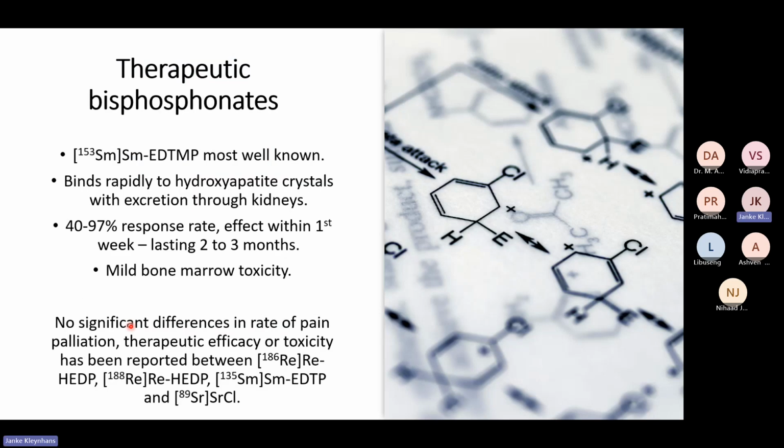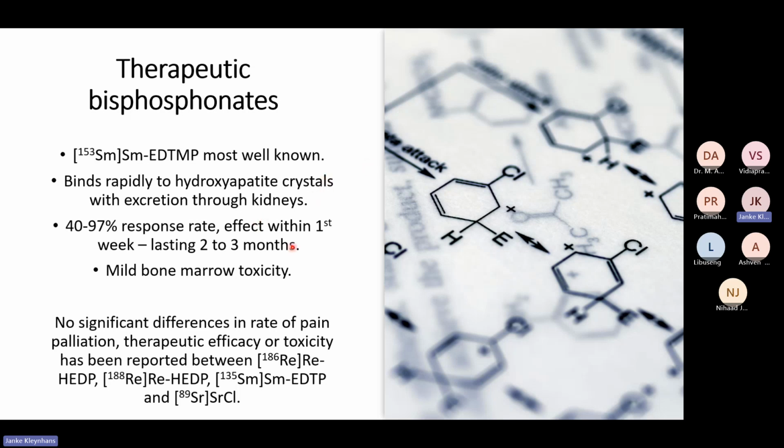So then we go into therapeutic bisphosphonates, and the most well-known is samarium-153 EDTMP, maybe not produced that much anymore, but I've labeled it myself, so it is available if you search well enough. It's also binding to hydroxyapatite crystals by this adsorption or sticking to the bone.